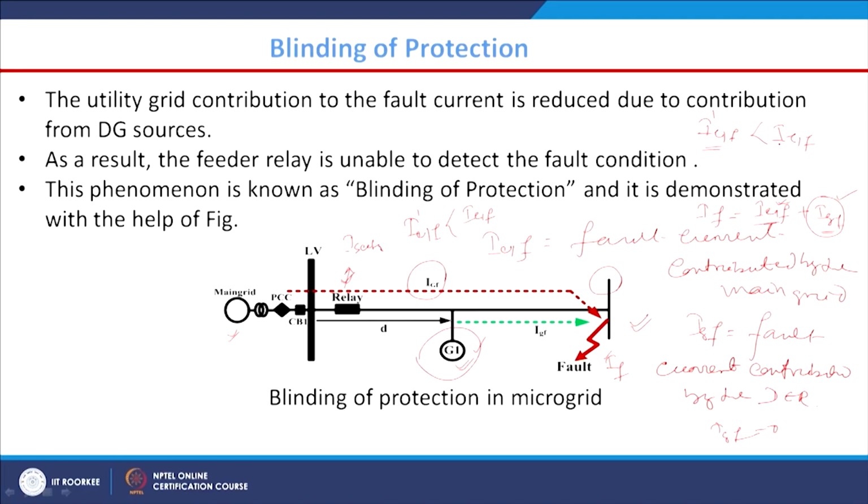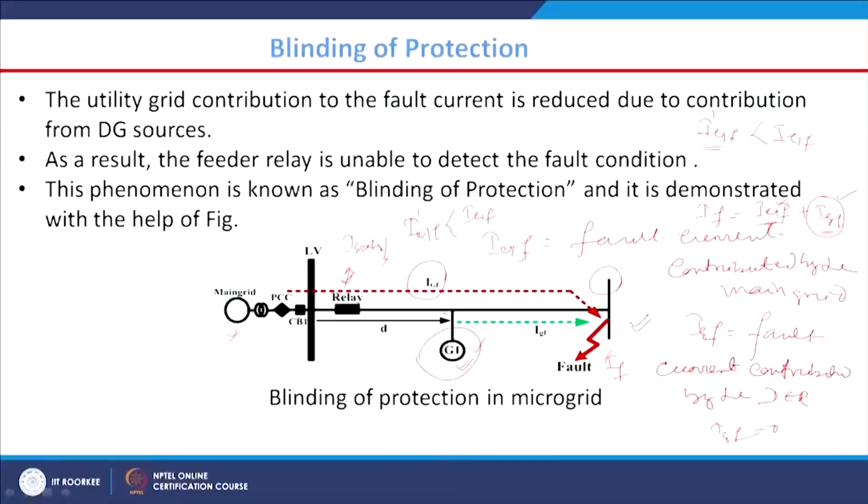If the current contributed by the grid side decreases due to the integration of this DG, the fault current may fall below the set value of the overcurrent relay, and then the relay is not going to respond. The relay is now blind, it cannot see the fault which is incepted in front of it. So, this property is known as blinding of protection.